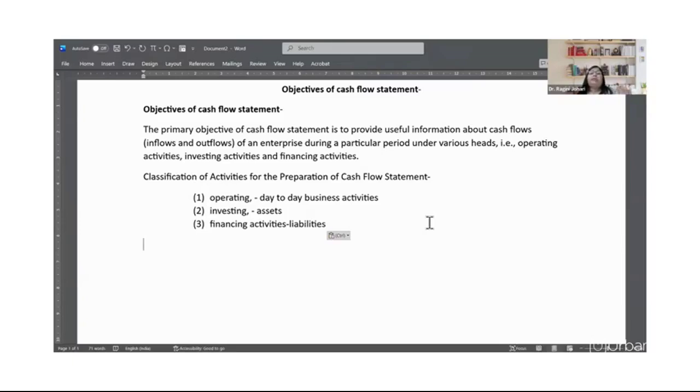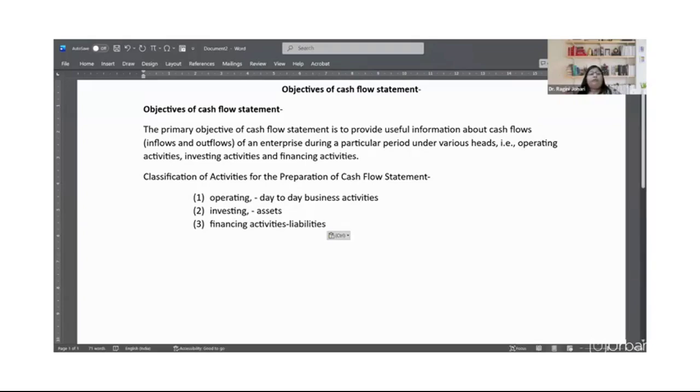Then the investing activities, where we record the cash inflows and outflows from the fixed assets. And then financing activities, where we find out the inflows of cash by adding on of the liabilities or reduction of the liabilities.